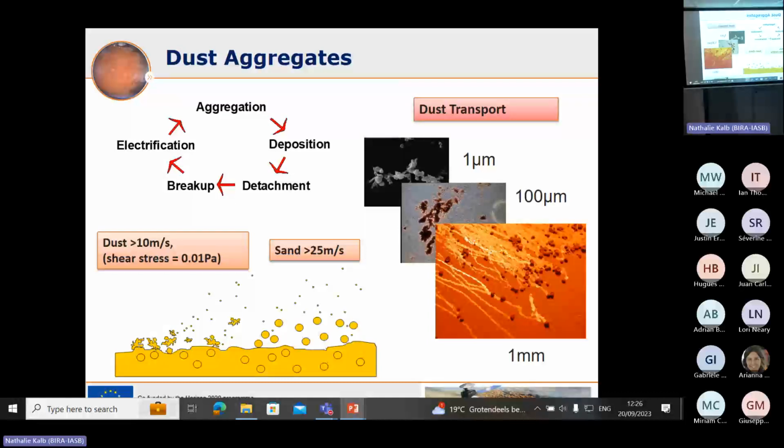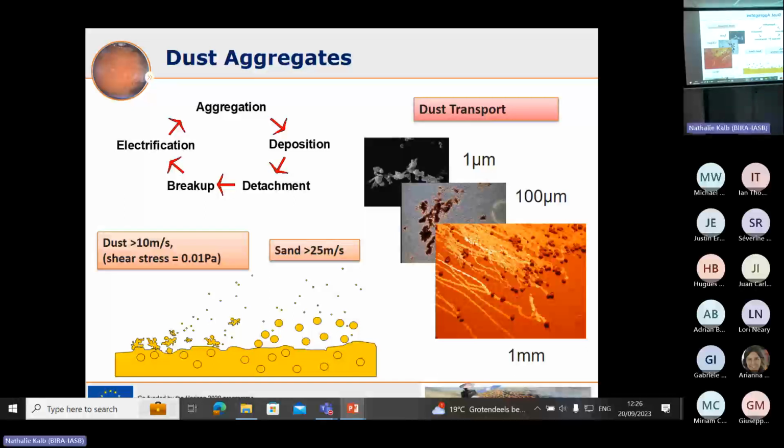And so, this slide is at least 15, 20 years old. This was what most people really thought, that aggregates are involved somehow in dust transport on Mars, and maybe it works in some kind of cyclic way.